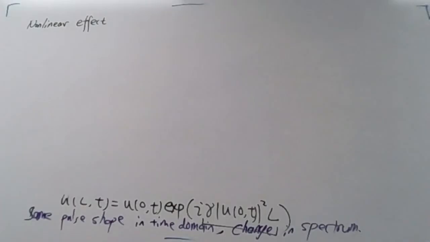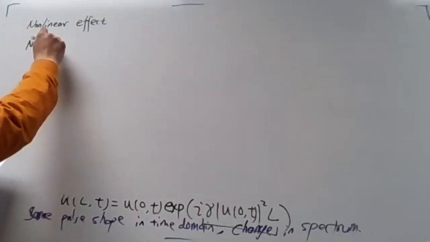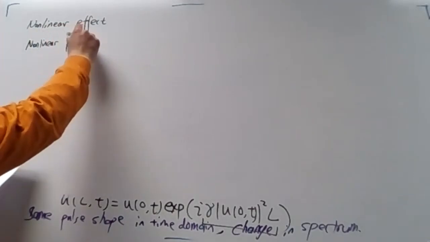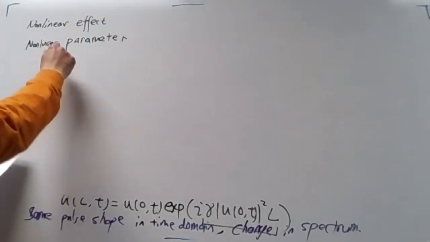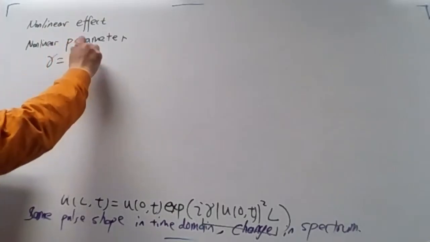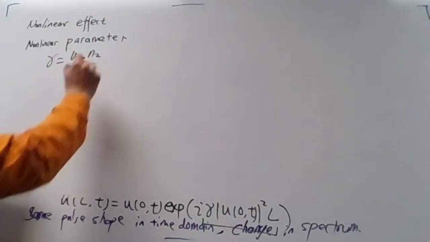Now let's do this nonlinear effect. What is gamma? It's the nonlinear parameter. Gamma is omega naught n2 over c times the effective area.